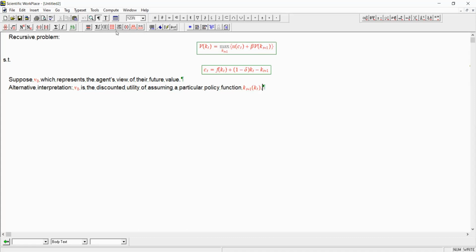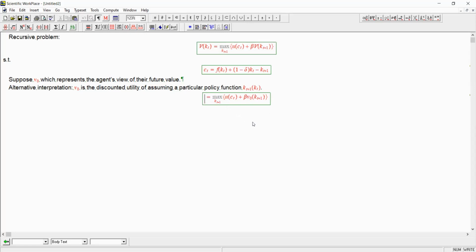Either way, let's suppose that V0 is the agent's view of the future. So what they're doing now is maximizing this given V0 by either of these interpretations.